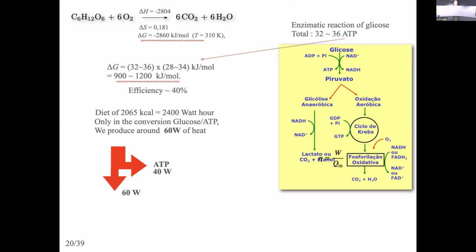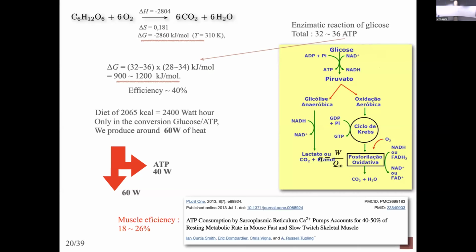So only from this conversion from glucose to ATP, our body loses around 60% of the energy. It's a lot. And this energy goes in the form of heat. So when we work out, when we do anything, basically we are doing this process, which is burning. 60% is a lot.